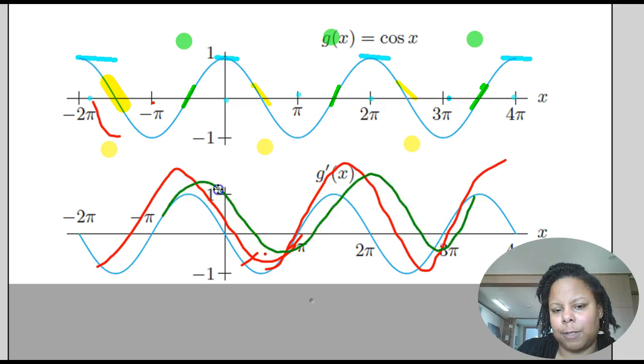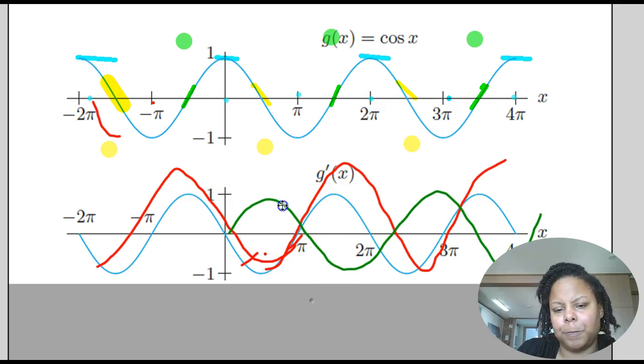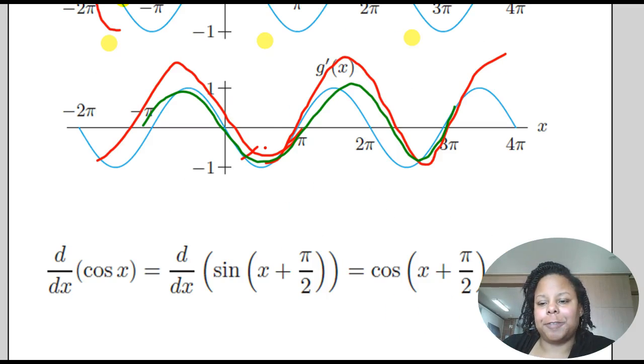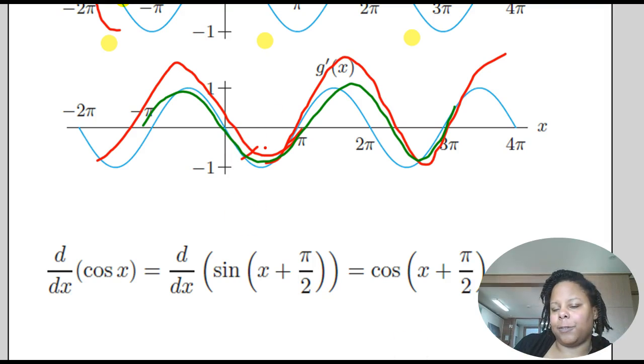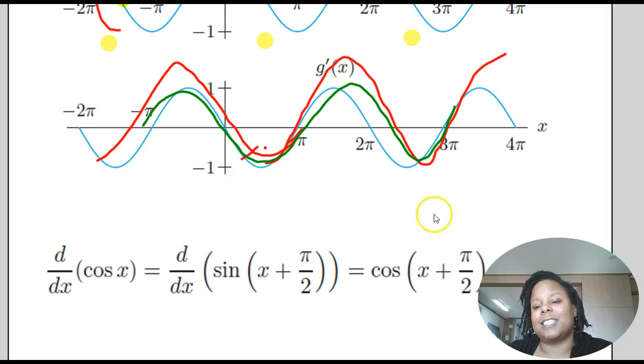I'm going to say it's either a shift to the left or it's a reflection. And it's going to be easier to consider it a reflection of the sine function across the x-axis, which would be negative sine of x. So many ways to look at it, but this is another rationale. So the derivative of a cosine function is the negative sine function.